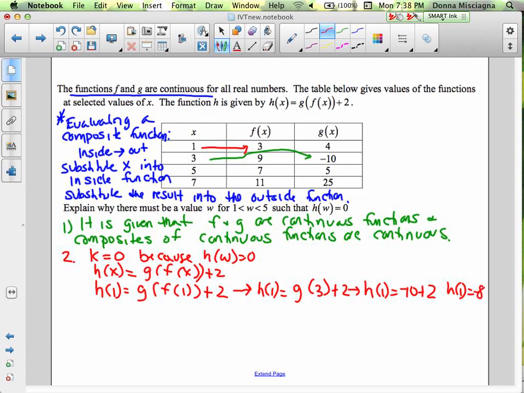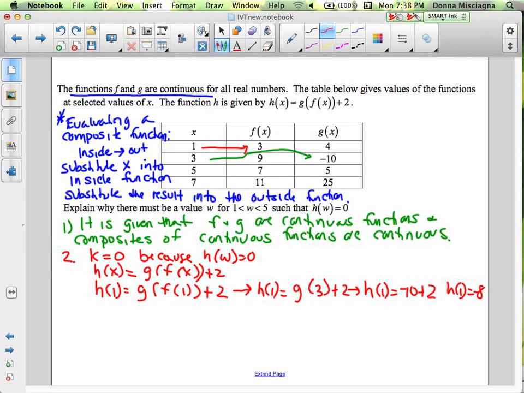So you've got to go inside and evaluate, and take that value and plug it into g. You plug in the x value for x, then find f of x, whatever that is, plug that in for g. Once you get that value, you just add 2 to it.